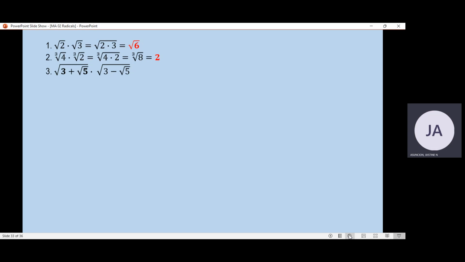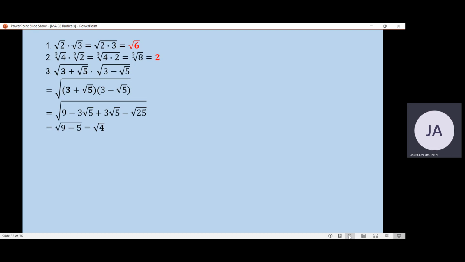We can apply the difference of two squares here. So it's 9 minus 3 square root of 5 plus 3 square root of 5, which is just 0, minus the square root of 25. The square root of 25 is simply 5, so 9 minus 5 is 4. The square root of 4 is simply 2. So the answer here is 2.